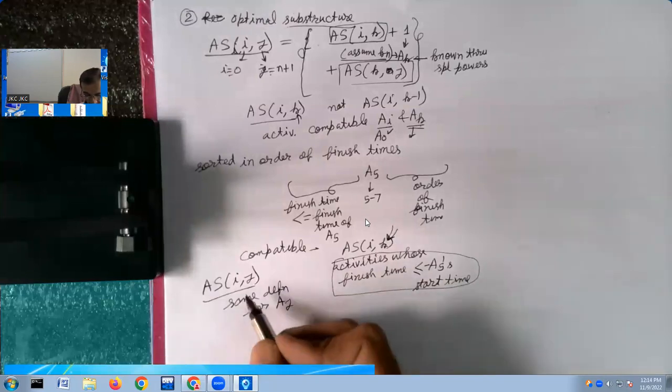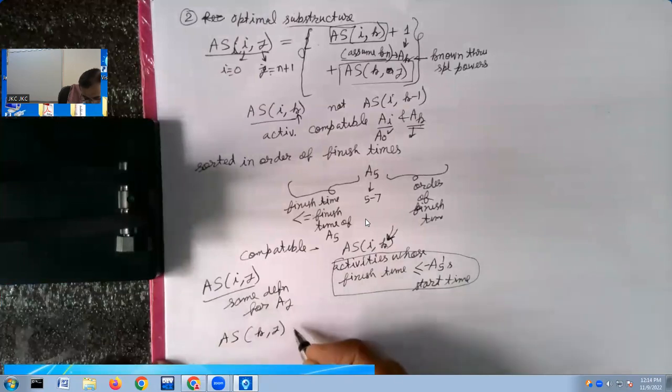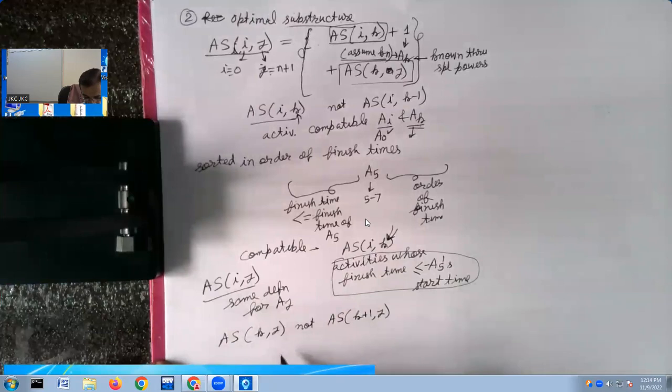Similarly, I say AS kj, not k plus 1 j, need be written now. It means activities compatible with Ak and Aj. This means that activities are starting after Ak.